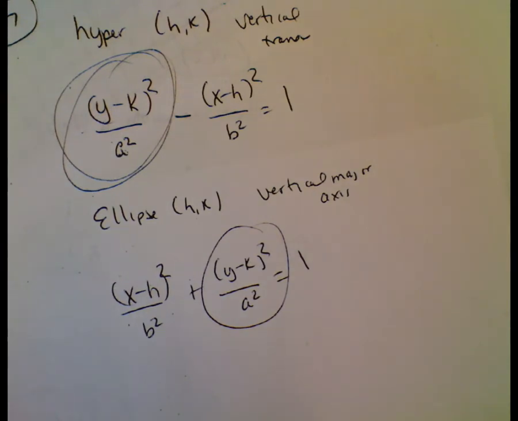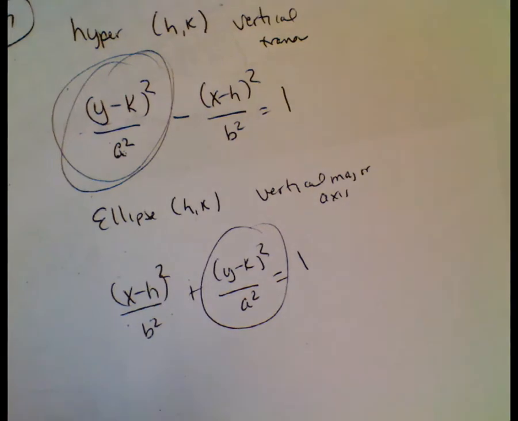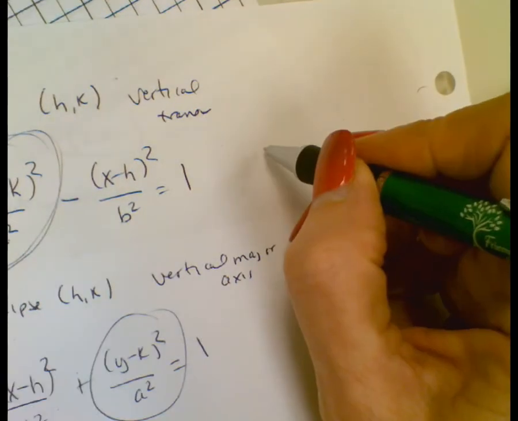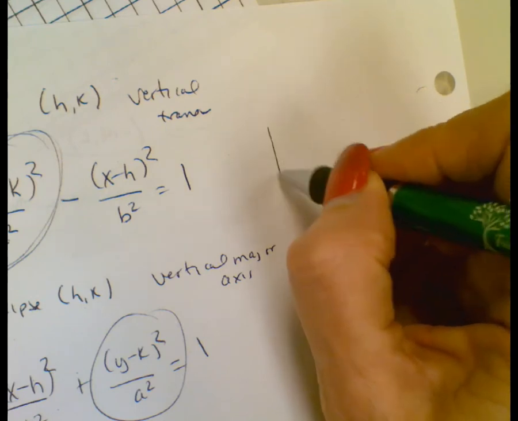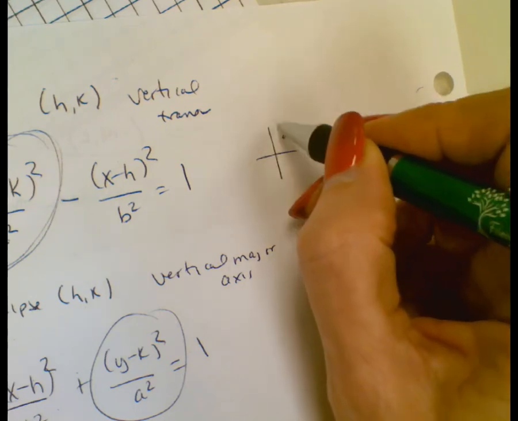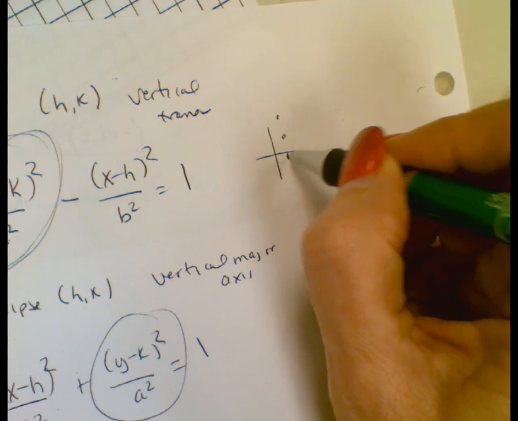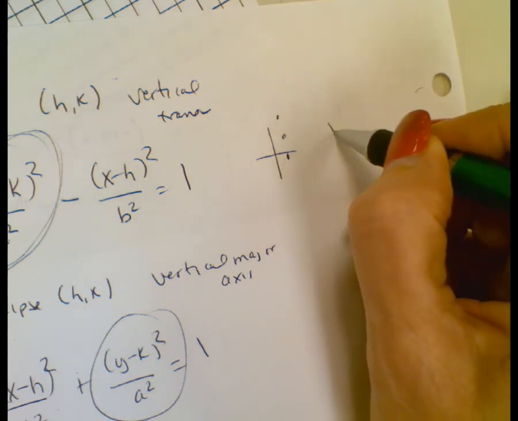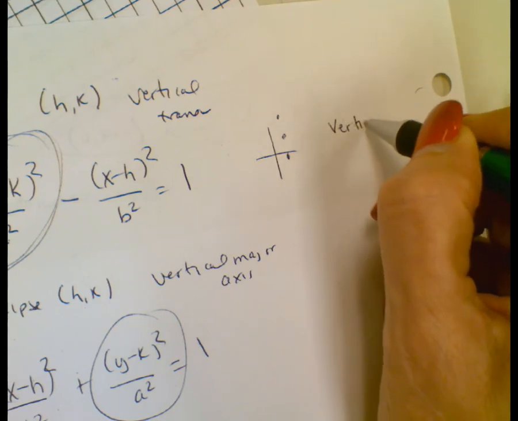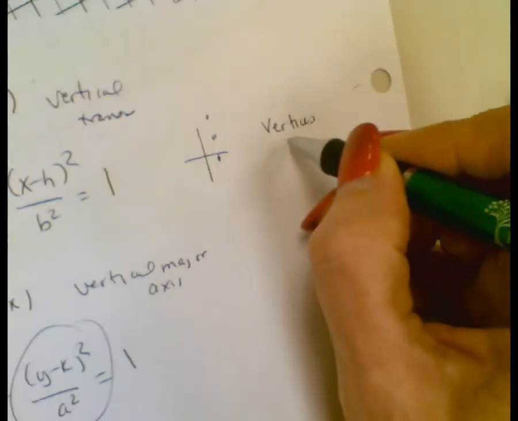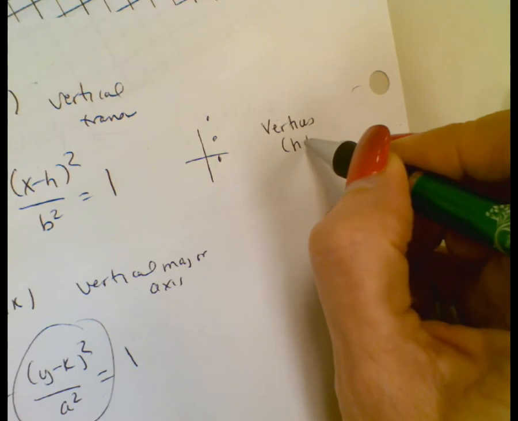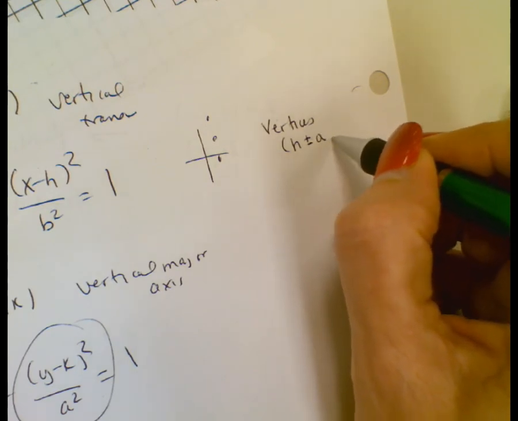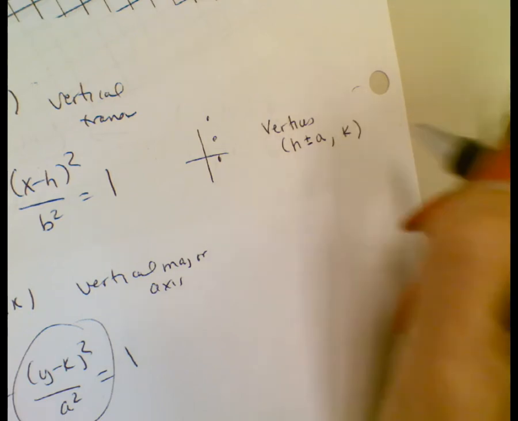Consider the standard forms of the equations in the coordinates of the vertices and foci. So the vertices would be, if you have an (h, k) and you're going here and here, your vertices are going to have the same h. So your vertices would be (h plus or minus a, k).